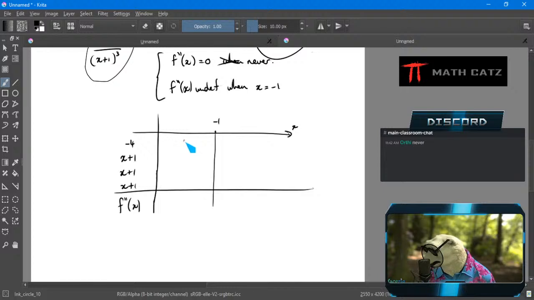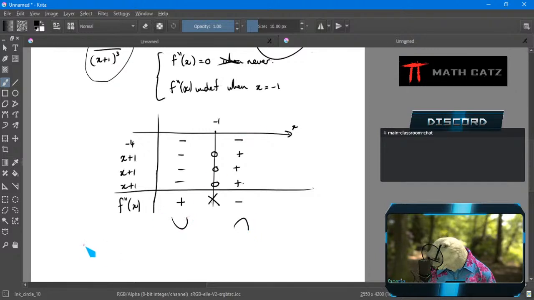But this step alone is not sufficient. So negative 4 is always negative. X plus 1 is 0 when x is negative 1. It's in the denominator, so it makes the second derivatives undefined. It's going to go negative to positive, and all these guys are the same. I could merge them together. If you're comfortable doing that, go right ahead. But the simpler I make each of these pieces, the easier it is. I have 4 negatives, and I have 1 negative. So I bend up, I bend down.